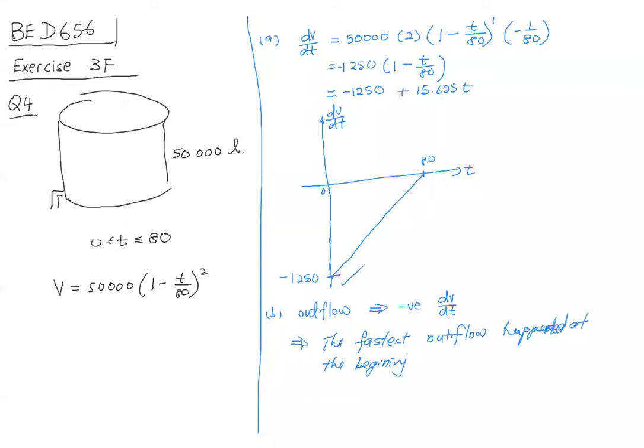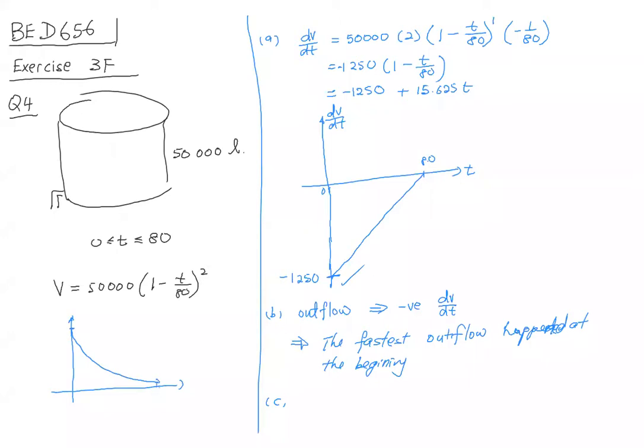Okay, now part C. So you see, our mindset, we have to be very, very careful, because the V-t graph, how does a V-t graph go? I have to imagine. When t is equal to 0, it is 5,000. So it's 5,000 and the graph goes like that. Correct? Is that the V-t graph?